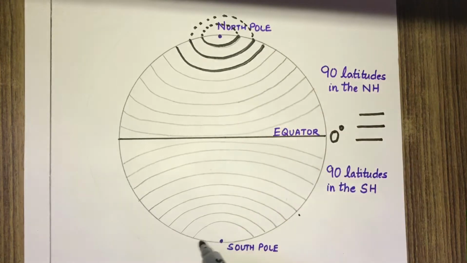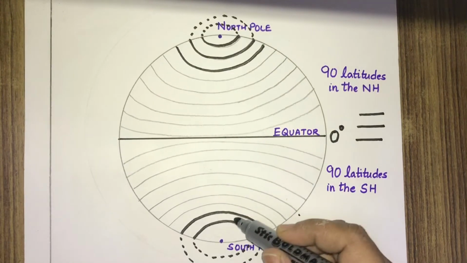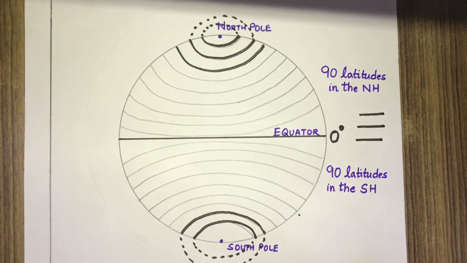So that means they are all forming circles. These circular lines on the globe are called latitudes. Because they are parallel to each other, we also call latitudes as parallels.